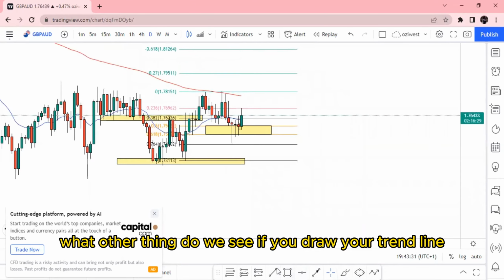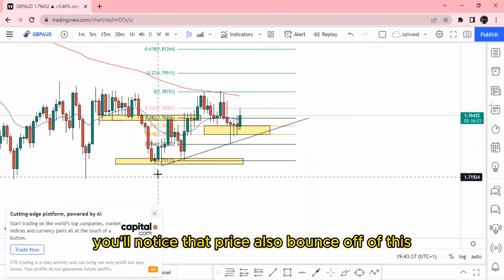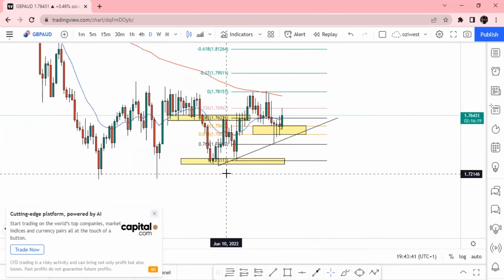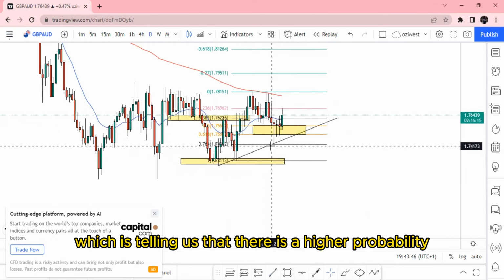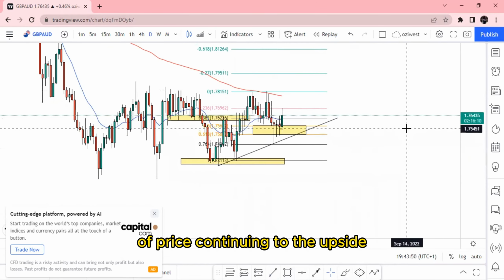What other things do we see? If you draw your trend line, you notice that price also bounced off of this trend line here, which is telling us that there's a higher probability of price continuing to the upside.